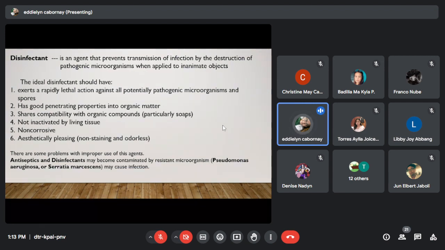Second, have good penetrating properties into organic matter. Third, be compatible with organic compounds, particularly soaps. Fourth, be not inactivated by living tissue. Fifth, be non-corrosive. Sixth, be aesthetically pleasing, non-staining, and odorless.